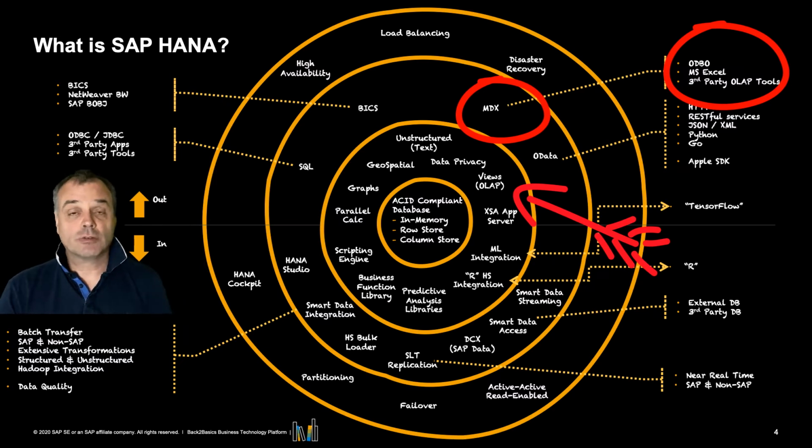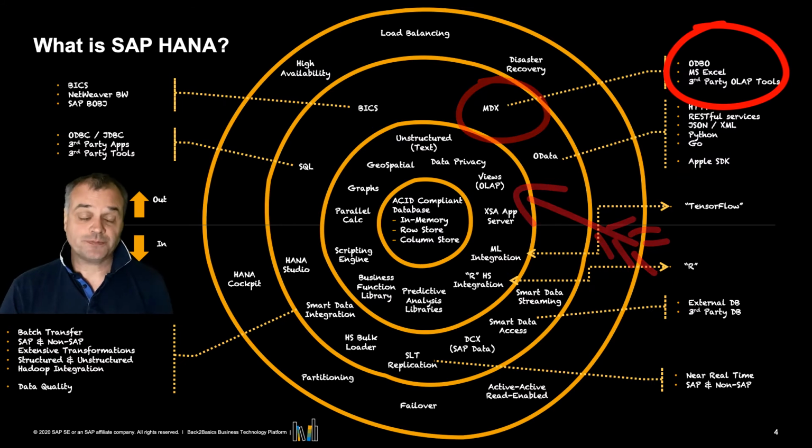So any front-end tool doing MDX will have the impression it talks to a cube, but actually it talks to the tables that are stored in SAP HANA. The advantage is that as soon as data is entered in the table, it's available automatically, instantly, to the OLAP engines or OLAP tools.